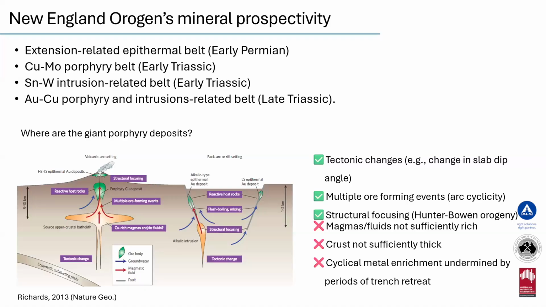And within that granite, you actually see evidence of arc migration. The 340 ages are the most distal ones, and then you see it has migrated eastward, basically indicating that the trench is retreating during that time.